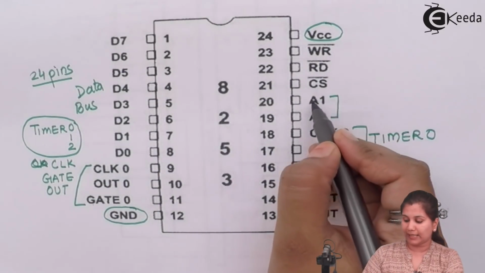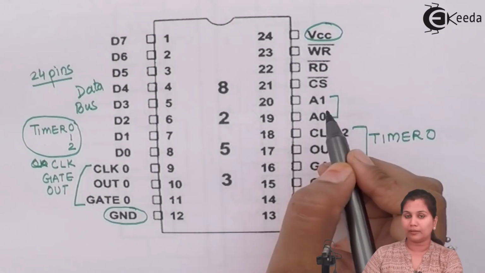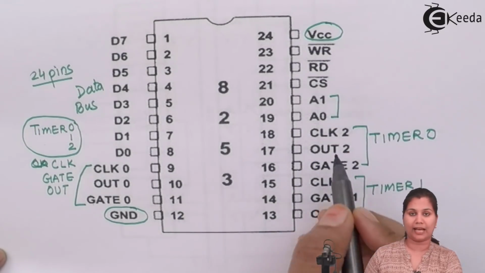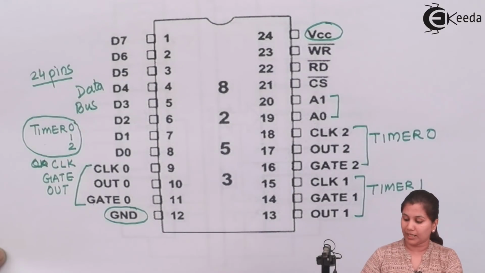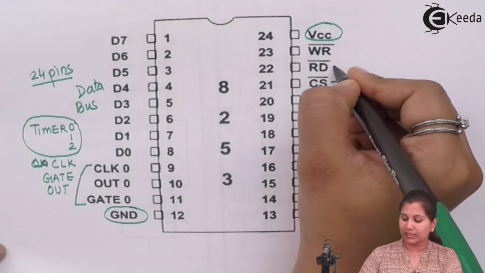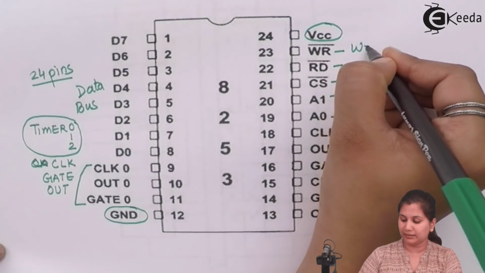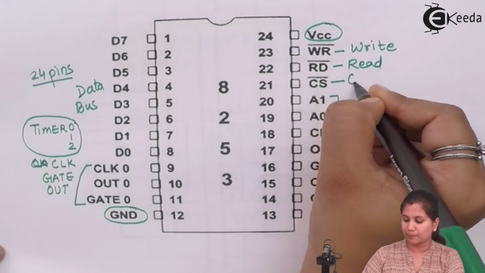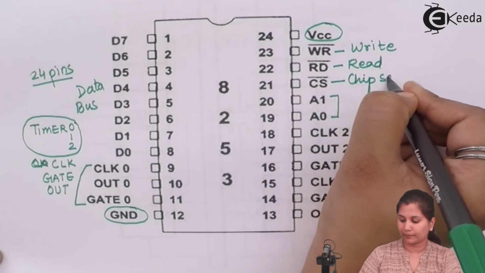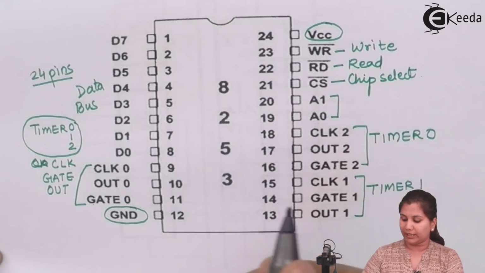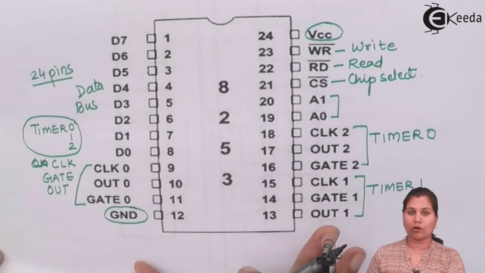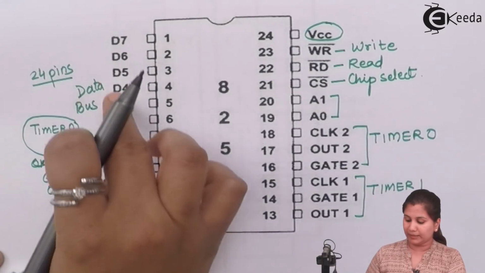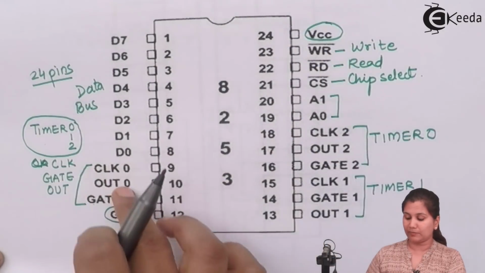Through these address lines A0 and A1, the 8253 decides which register it has to select. Then we have chip select, read and write. This is write, this is read, and this is chip select. So these are the 24 pins of the IC 8253, and their names are written here.